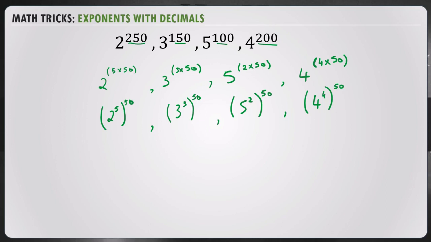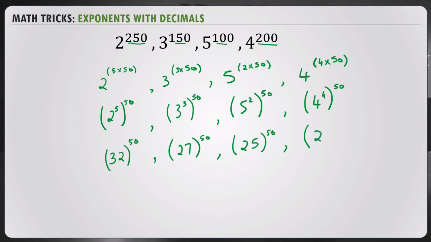It's going to be very easy to solve. 2 to the power of 5 is 32 to the power of 50. 3 to the power of 3 is 27 to the power of 50. 5 squared is 25 to the power of 50. And 4 to the power of 4 is 256 to the power of 50. Can you tell me which is the smallest number now? Easy, 25 is the smallest and 256 is the largest.